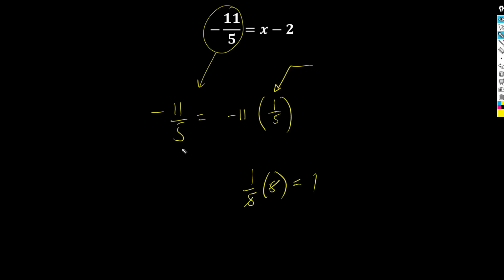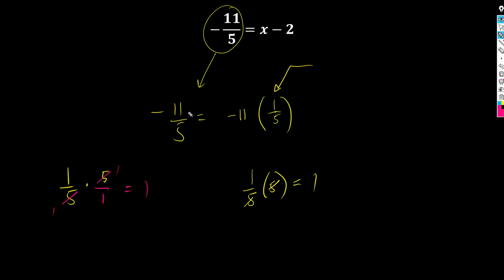Remember what we do when you're multiplying a fraction by a whole number, like 5. Dati nilalagay nyo pa yan ng 1 sa ilalim, and then you cancel out common factors found in the numerator and in the denominator. So in this case, I see a common factor, may 5 sa taas, may 5 sa baba. Di ba? They cancel out each other as 1. So ang natira talaga sa'yo ay 1.